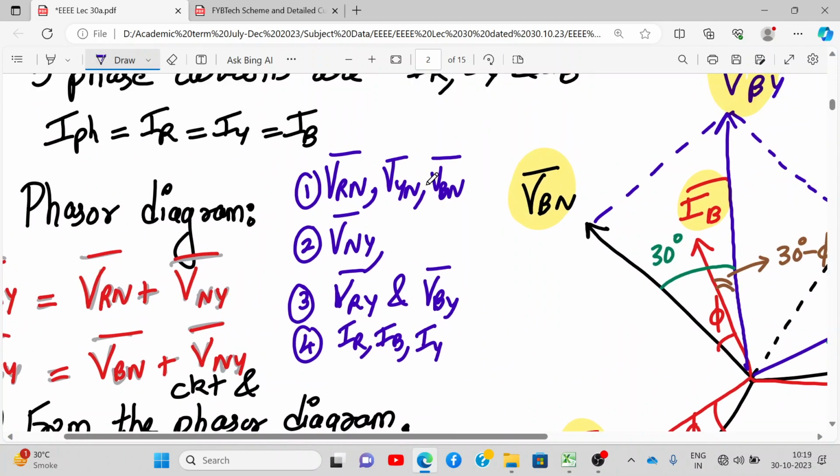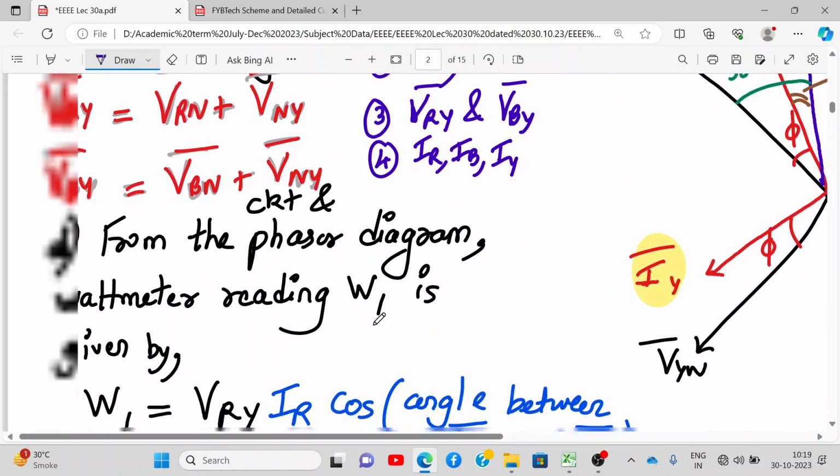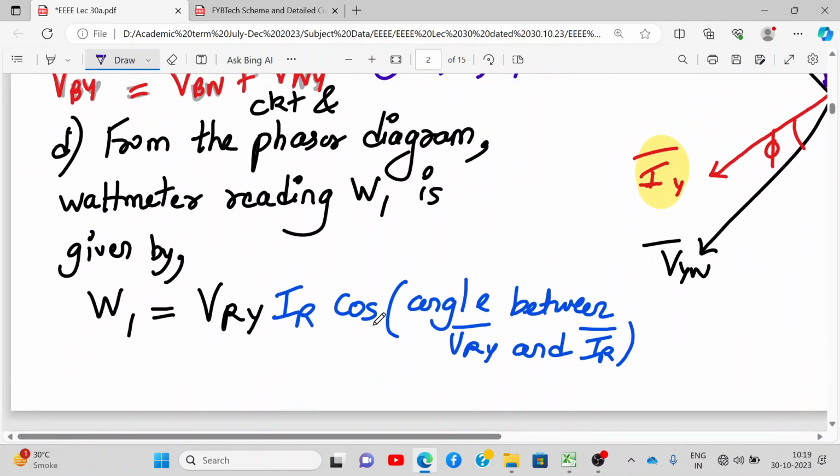Now listen carefully. These are the steps to draw the phasor diagram. You have to draw it, so leave half a page of space and write down these things. From the phasor diagram, the wattmeter 1 reading is given by the following. Normally a wattmeter measures VI cos phi in a one phase system.